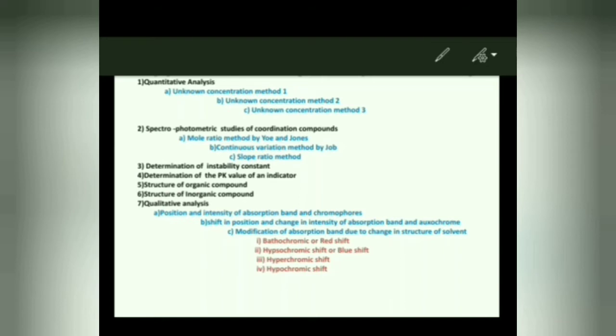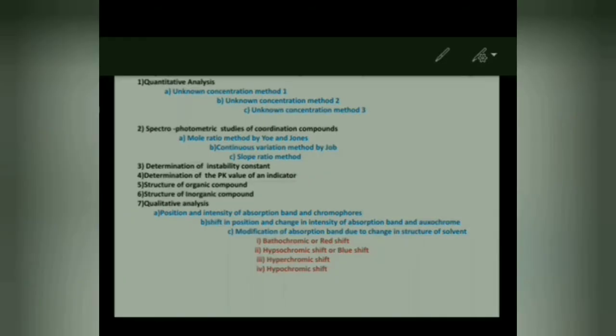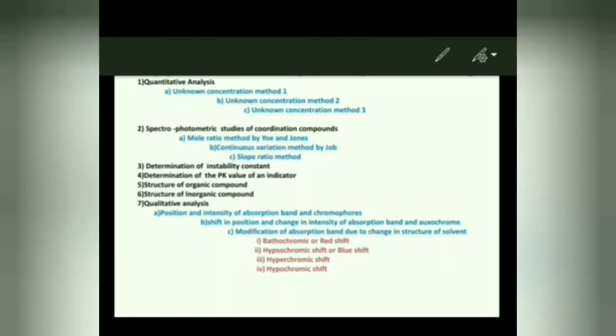In spectrophotometry, the path length b is constant for a given pair of matched cuvettes, and the radiant power of incident light is kept constant under this condition for the given system, and the setup of the instrument is carried out. Now C is equal to log P0 divided by P, divided by ab. This equation is useful for determining the unknown concentration of the solution. So student, this is all about the quantitative analysis.